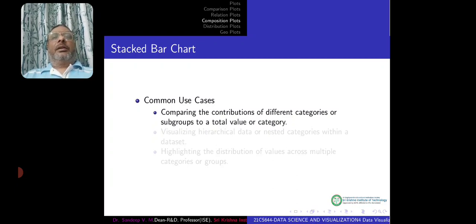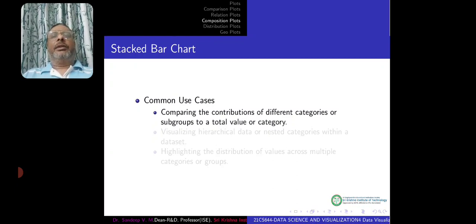Then each bar represents one feature and the segments represent the categories in each feature. So we can compare feature-wise and category-wise together in one chart.